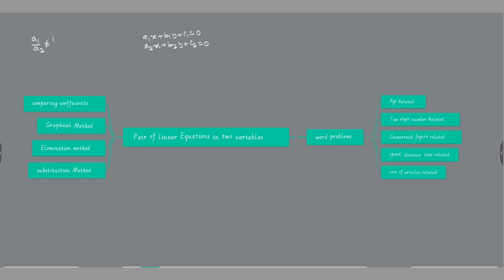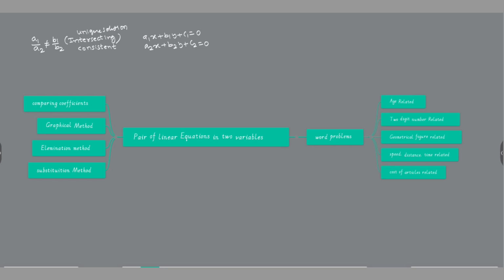If a1 by a2 is not equal to b1 by b2, they represent intersecting lines. There will be a unique solution in this case, one common solution, and we call it a consistent system.